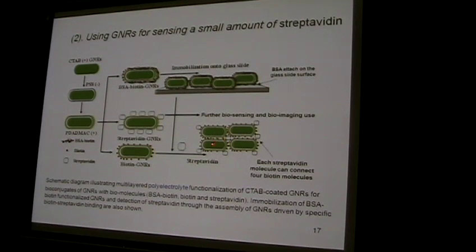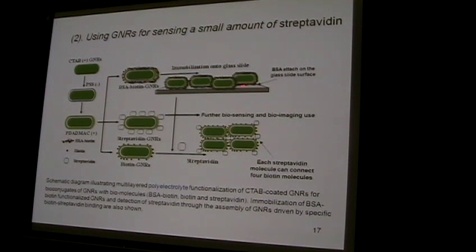If it's in a tube, in the liquid, in our case we put in these gold nanorods coated with the polymer into this liquid with the streptavidin, and you see here that each streptavidin will be surrounded by the nanorods.